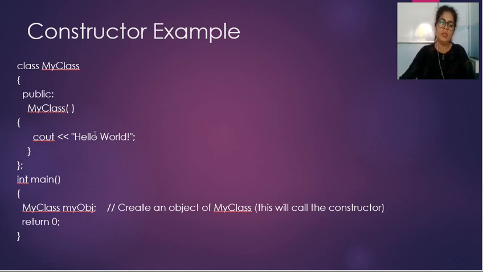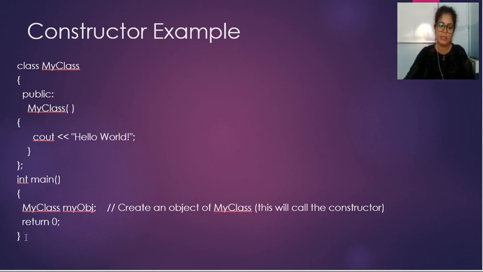Now the next thing is you have to create an object. Every time we have to create an object. So to create an object, start the main section: int main, then curly bracket start. After the curly bracket, I have told you what the syntax is. Write the name of the class.